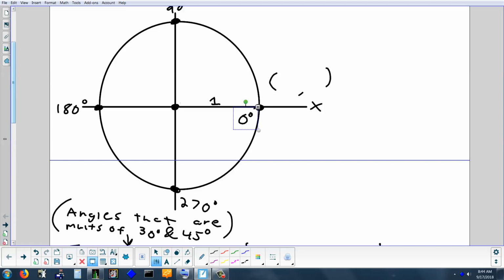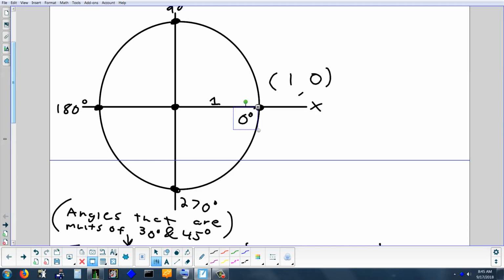Yeah, Corey? 1 unit. And which way? To the right. So what's the coordinate if you just go 1 unit right? 1, 0. Exactly. So now you know the x value and the y value for 0 degrees. The coordinate is 1, 0.